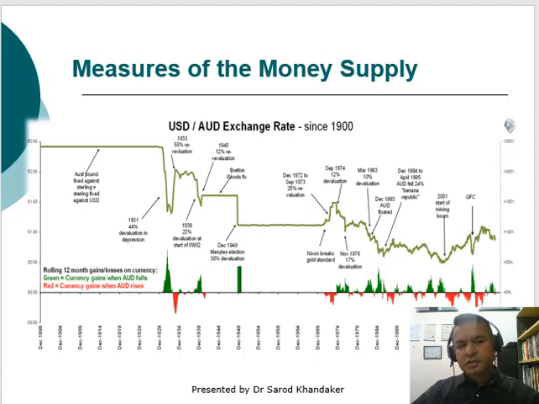Why is there volatility, and is volatility a good thing for the economy? To understand all of this, we'll discuss today's topic.